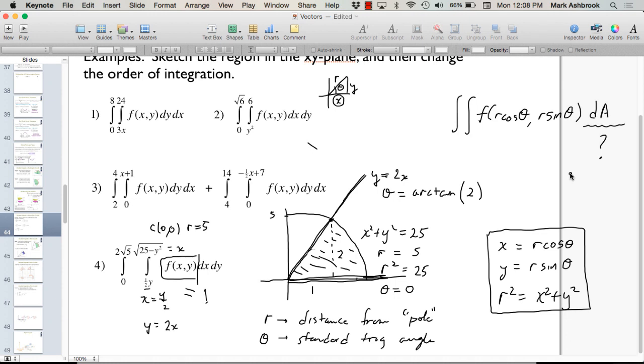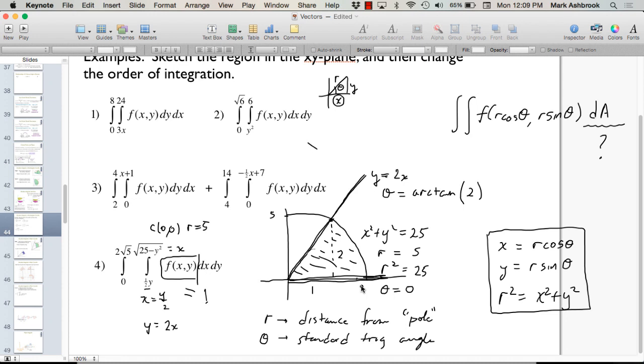Okay, questions about what we've talked about so far? So transitioning from this thing being in either type 1 or type 2 in Cartesian coordinates to polar coordinates. And we got the boundaries. We got that down. This is theta equals 0. This is theta equals arctan of 2. And r equals 5 forms that same region.